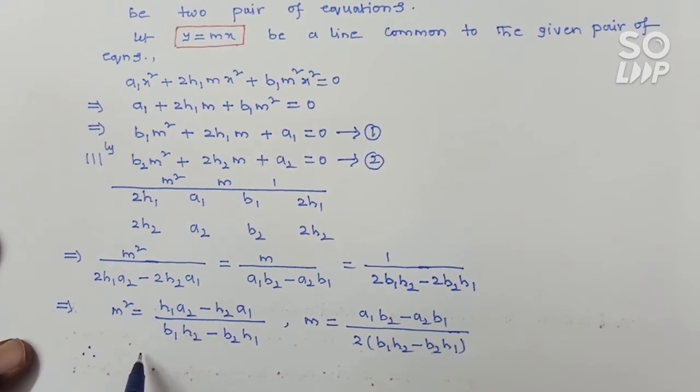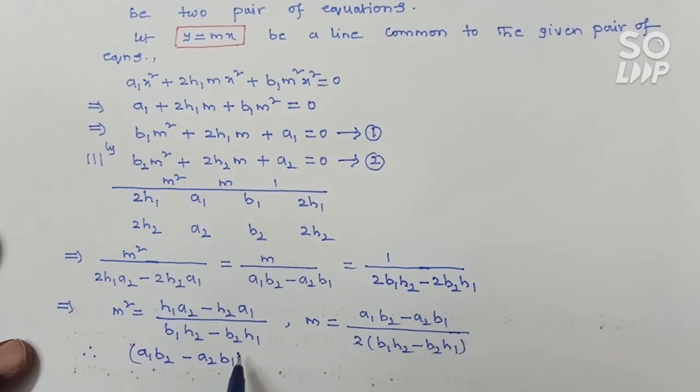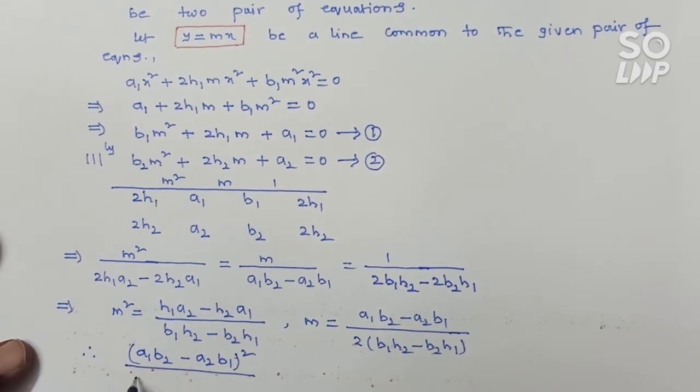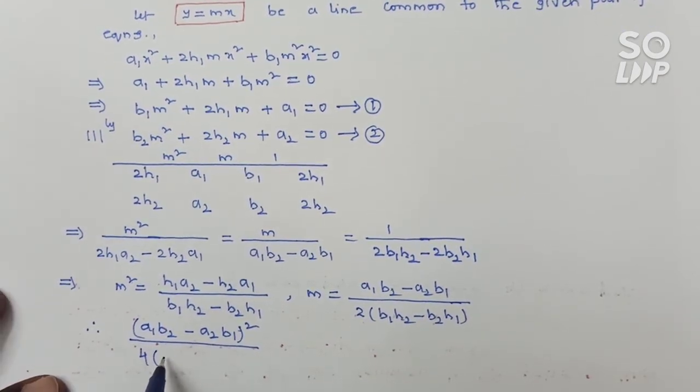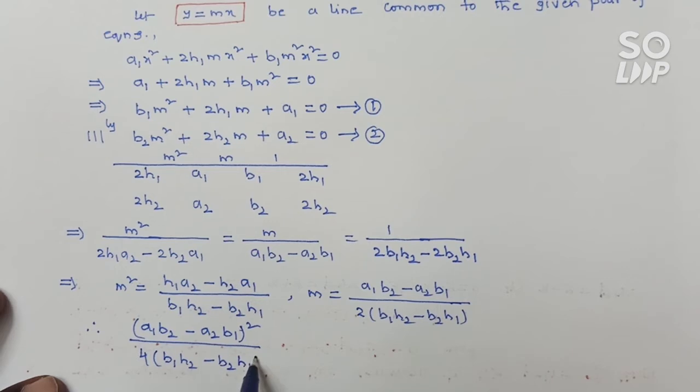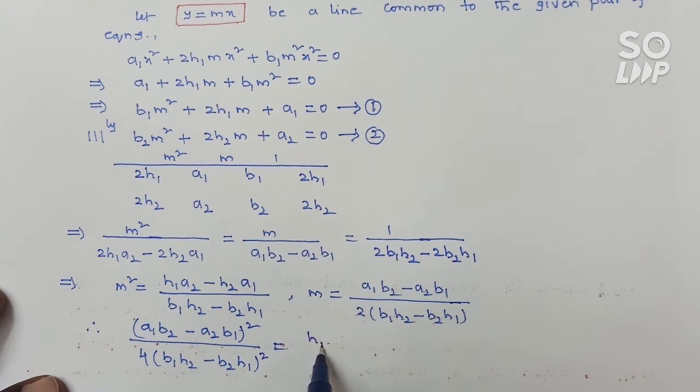Therefore, you will get A1 into B2 minus A2 into B1 whole square whole divided by 4 into B1 into H2 minus B2 into H1 is equal to, what is the m square value? H1 into A2 minus H2 into A1 whole divided by B1 into H2 minus B2 into H1.